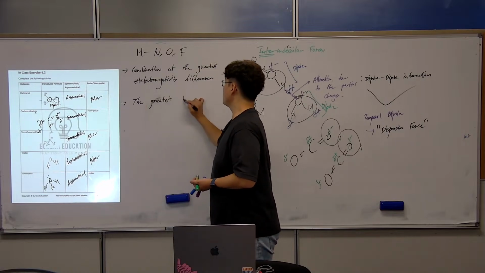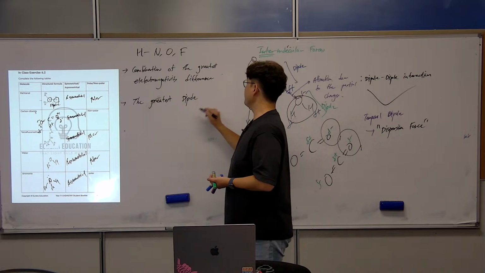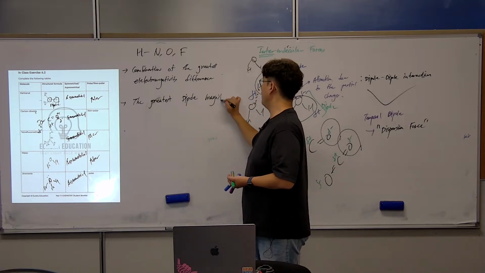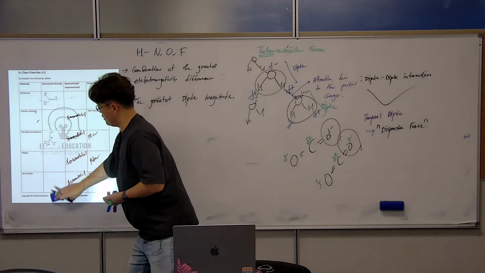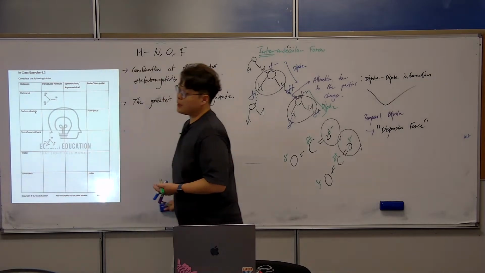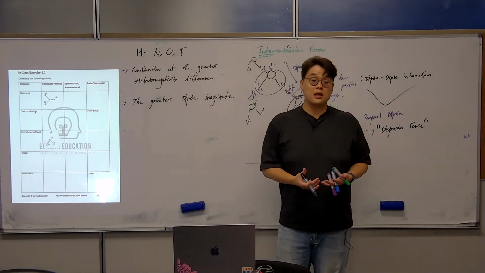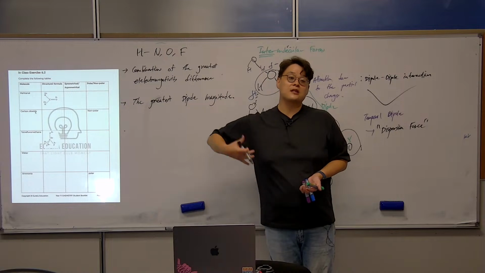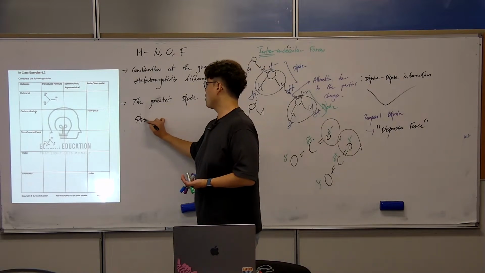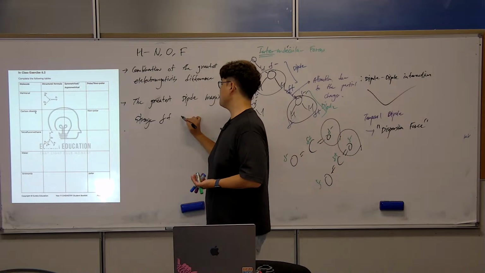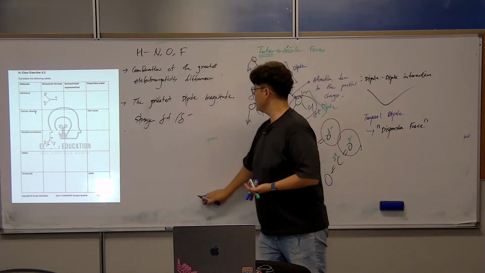greatest dipole magnitude. Carrying the greatest dipole magnitude simply means that it's a greater, stronger positive and stronger negative. So stronger partial positive and partial negative in this case.